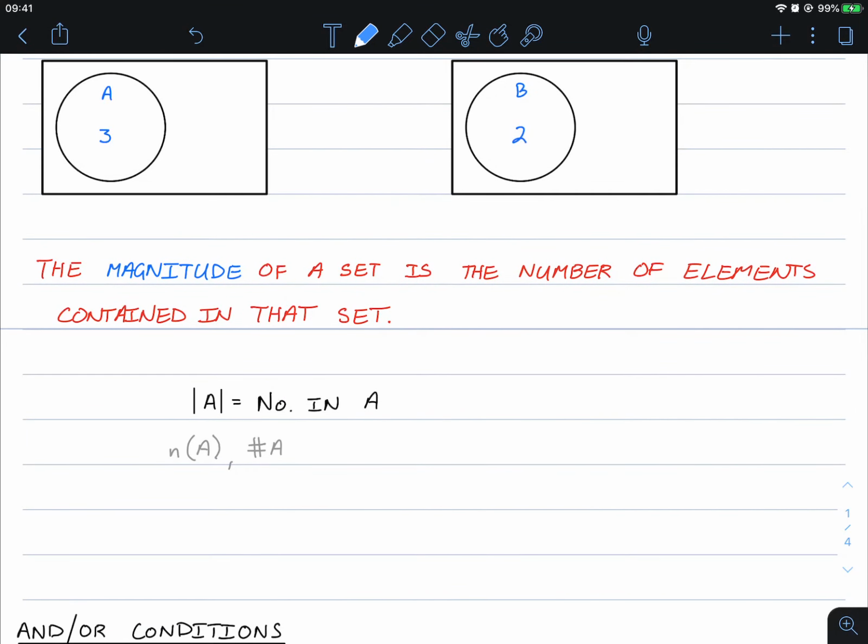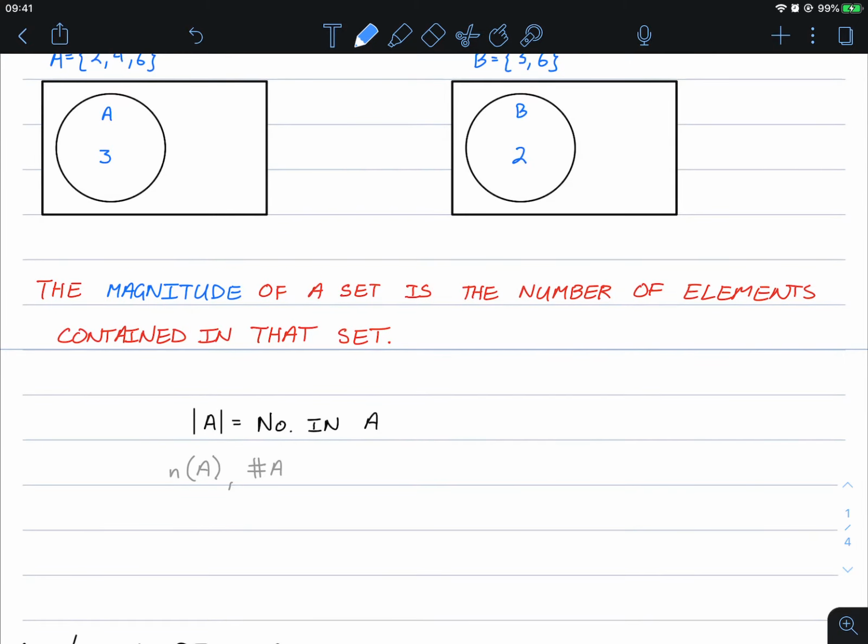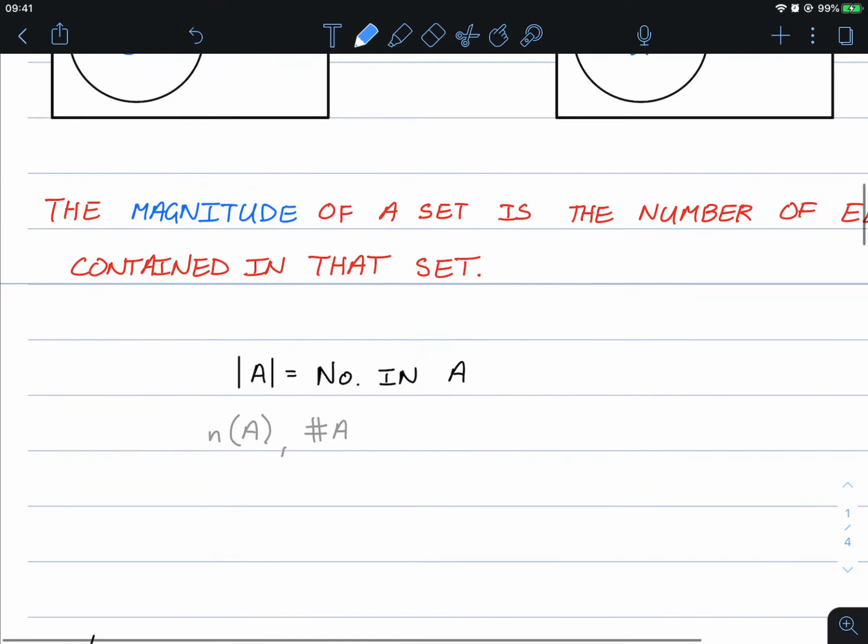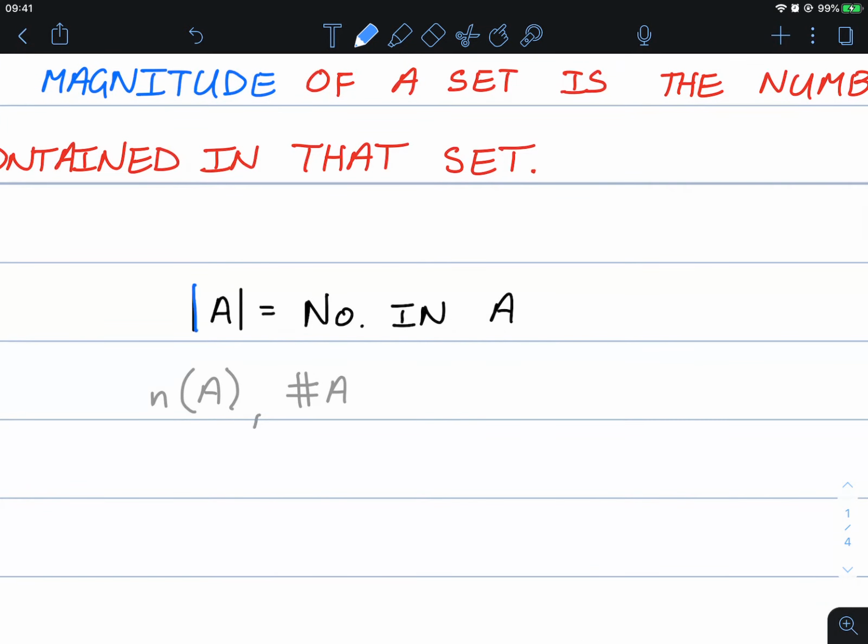The magnitude of a set, which is actually what we've just done, is the number of elements contained in that set. It's got the notation of absolute value.